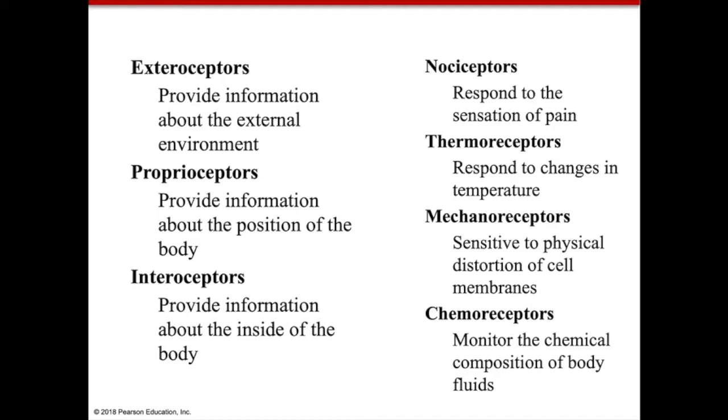And then we have chemoreceptors, which are for chemical senses. So senses that depend on chemical substances are senses such as the smell and the taste, for example.